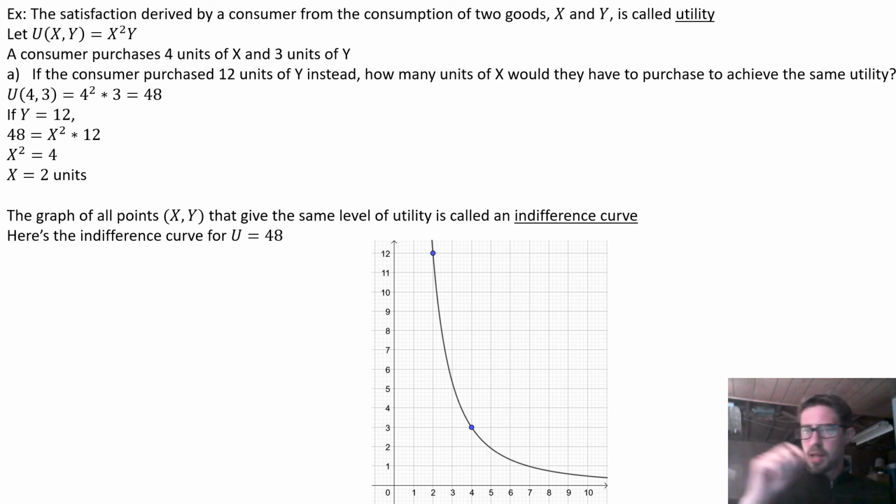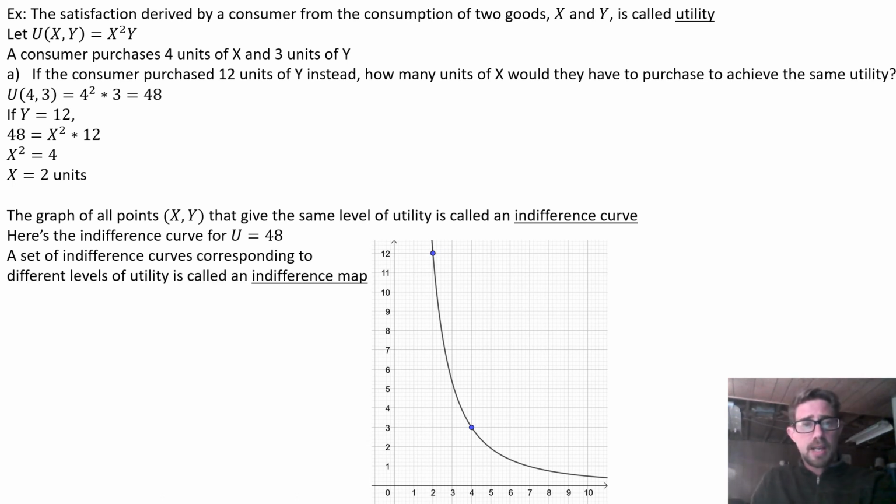Okay, so we're interested in graphing a bunch of these curves together because that gives what's generally called a contour map, but in this particular instance, they call an indifference map. So if we graph a set of indifference curves for the same utility function, but for a bunch of different levels of utility, you'll see in a second, that's called an indifference map.